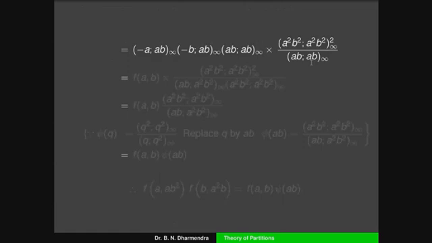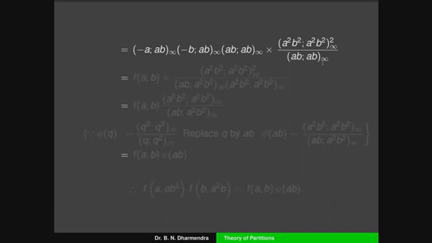So for the terms of ab infinity, we are also using the last case: a q infinity can be written as a q square infinity into q square infinity. Using this, the numerator is a square b square infinity, and the next one is a square infinity.